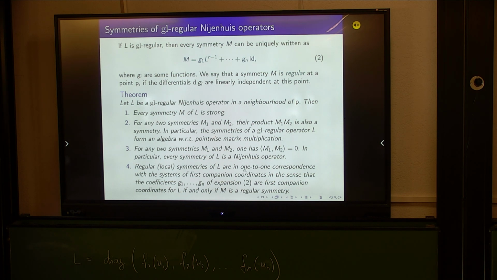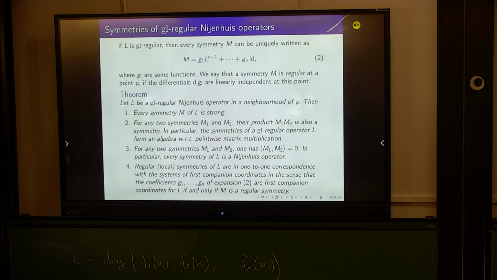And now about this condition: all local symmetries of my operator L are in one-to-one correspondence with the systems of first companion coordinates, in the sense that the coefficients of this expansion are first companion coordinates for L if and only if M is a symmetry.